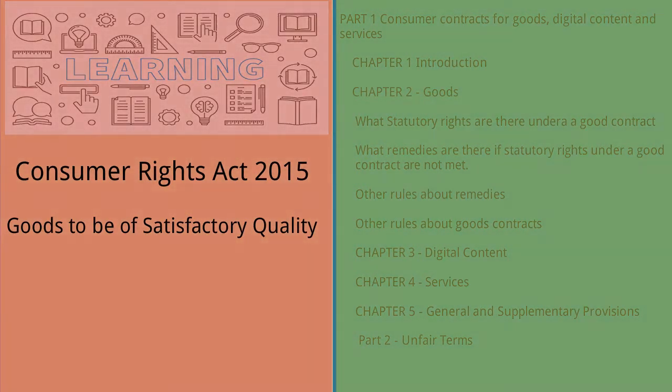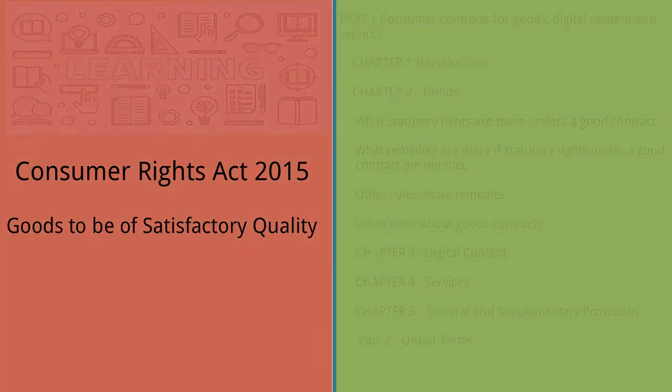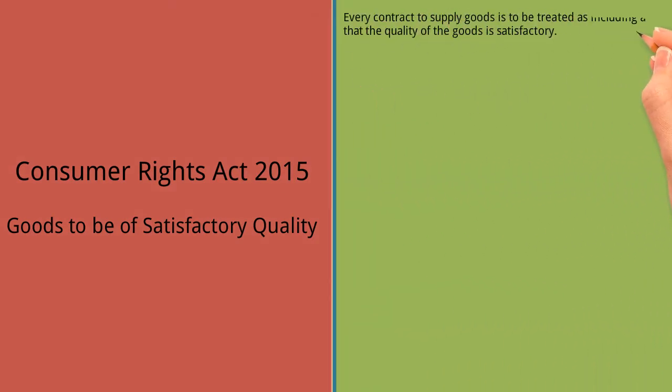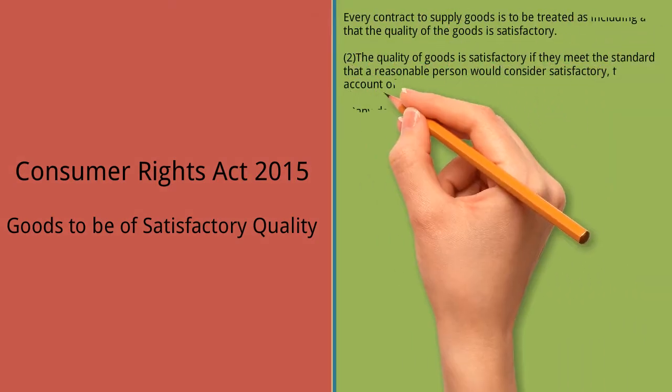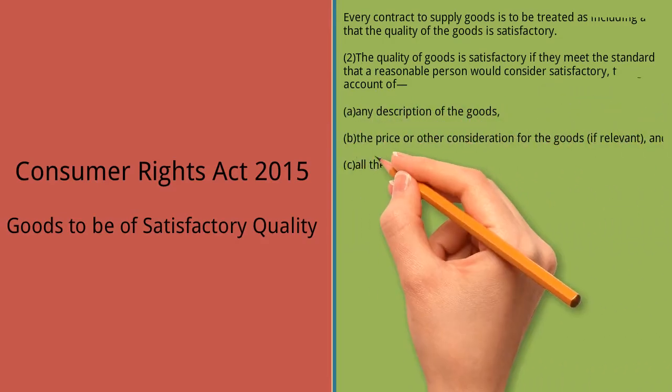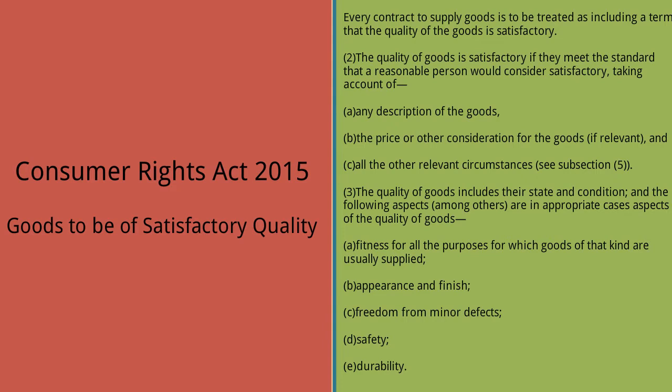If you buy goods, a pair of shoes or a dress, and then bits are flaking off that dress or holes are developing in the dress after you've only worn it once, then it's not really satisfactory quality. Every contract for the supply of goods is to be treated as including a term that the quality of goods is satisfactory.